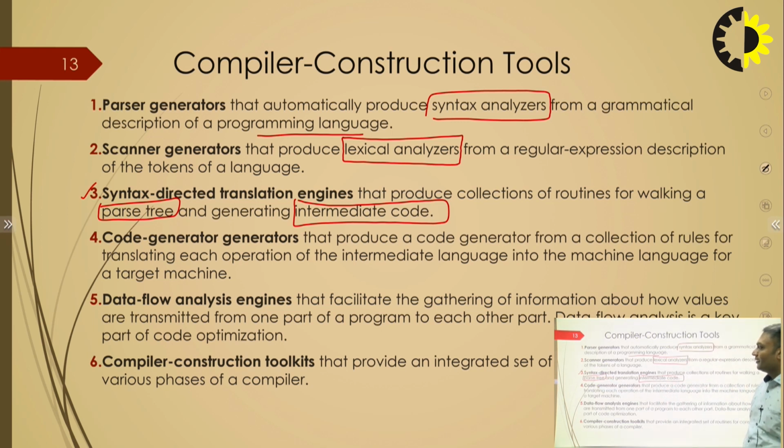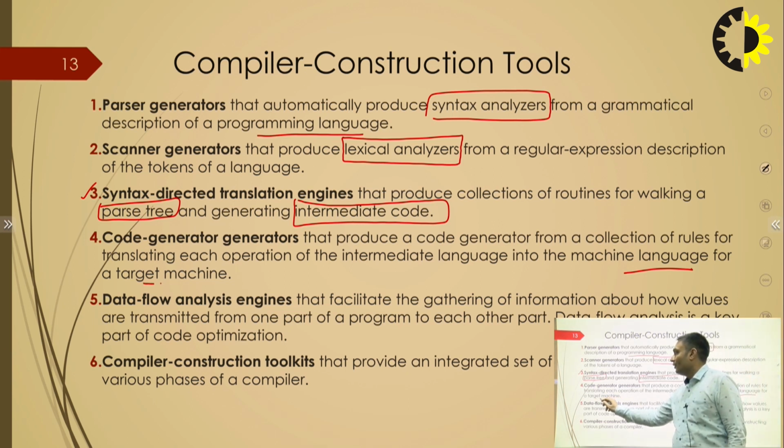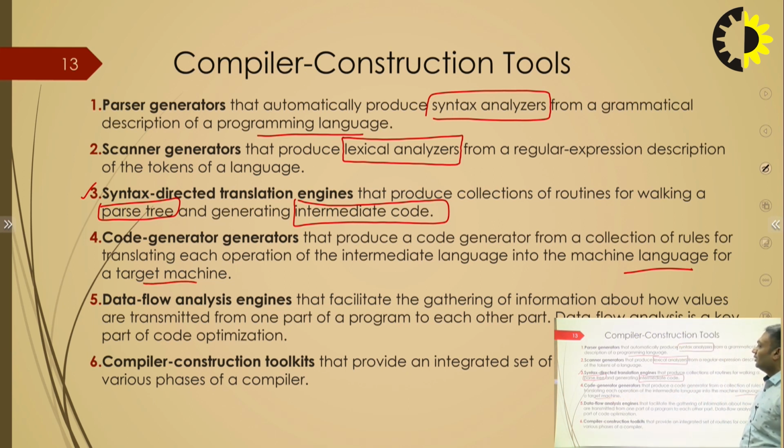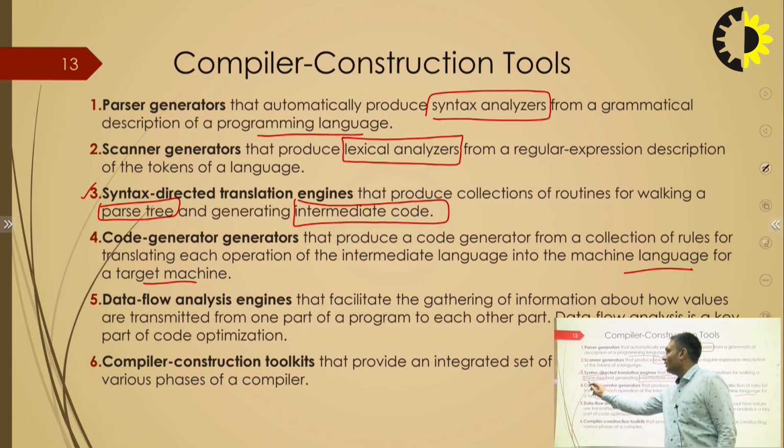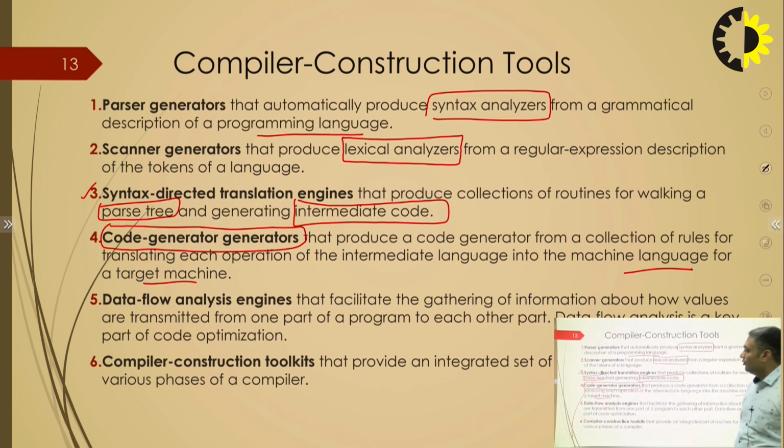Code generator generators produce code generation from a collection of rules for translating each operation of the intermediate language into the machine language for a target machine. So the code generation phase of the compiler can be replaced using this tool.